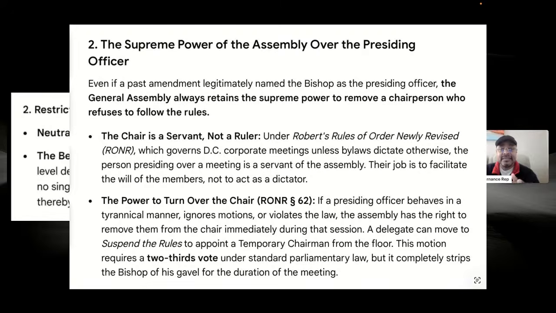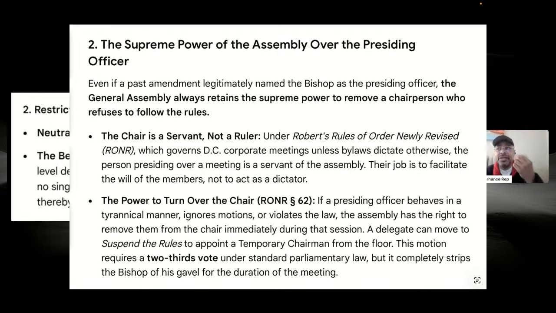Look at what it says. Robert's Rules of Order governs DC corporate meetings. It's automatic under a corporate meeting in Washington, D.C. Robert's Rules of Order are automatic unless our bylaws say we don't follow them.